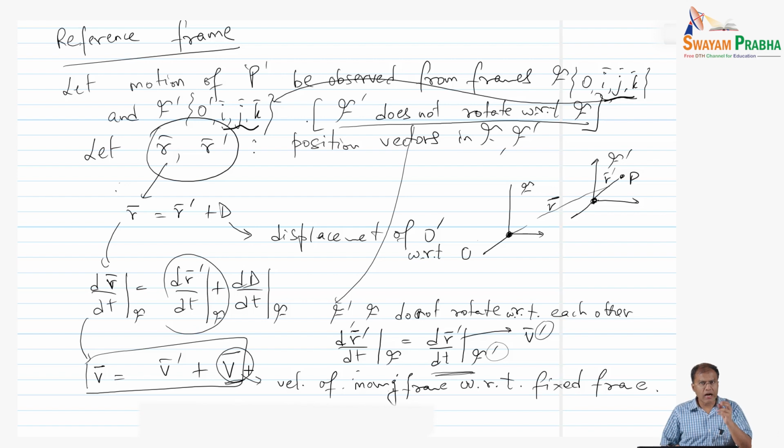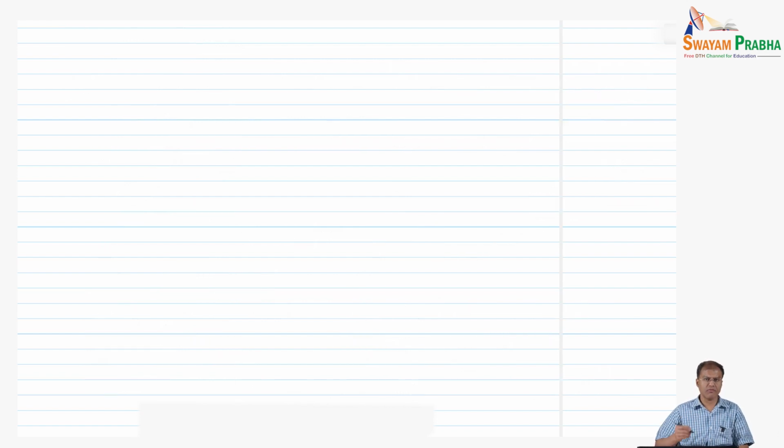Okay, so let us look at a quick example related to this moving and fixed reference frame. A very interesting example. So, suppose we are driving a car on a road, and let us say that the road is 1 mile in width, right?